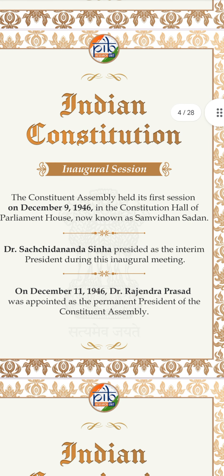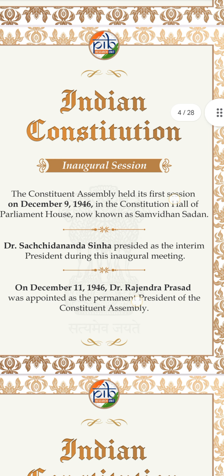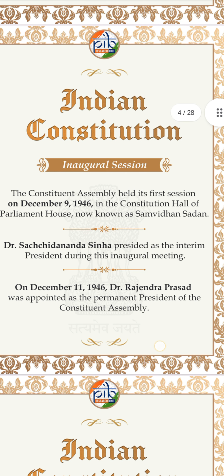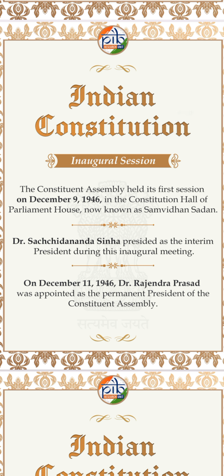Coming to the fourth page of this ebook, Indian Constitution inaugural session. The Constituent Assembly held its first session on December 9, 1946, in the Constitution Hall of Parliament House, now known as Samvidhan Sadan.